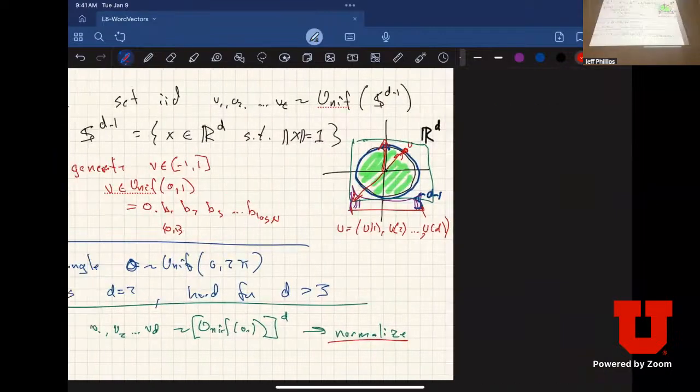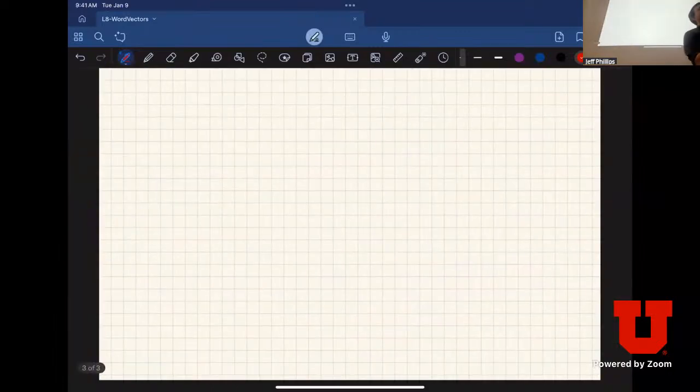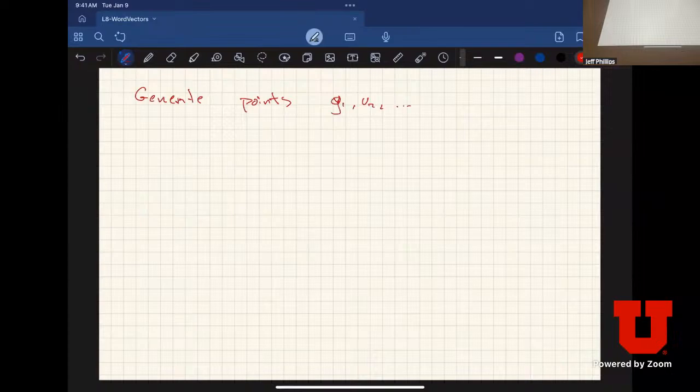Anyone else know what the answer is before I tell you? Okay, so what we're going to do is generate points, actually I'll call them G1 through GD.